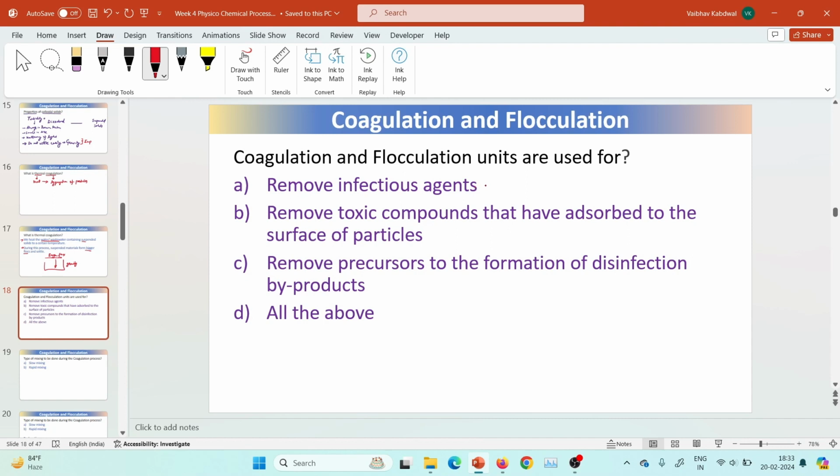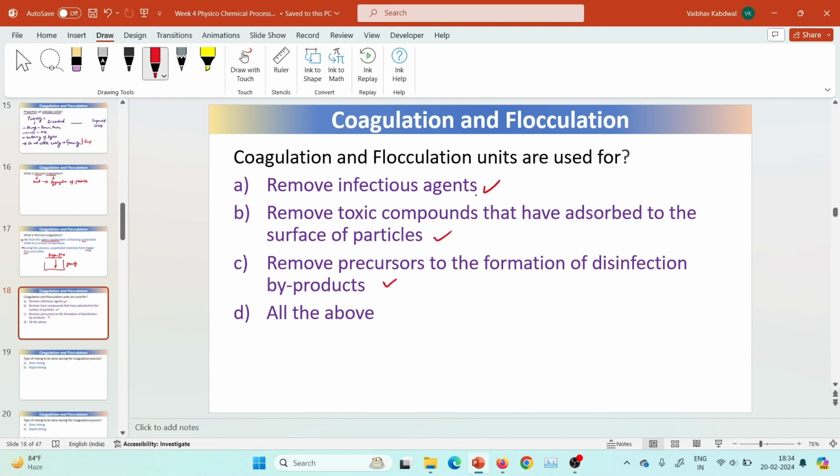Not directly but indirectly. Remove toxic compounds that have adsorbed on the surface of particles? Yes. Remove precursors to the formation of disinfection byproducts? Yes.